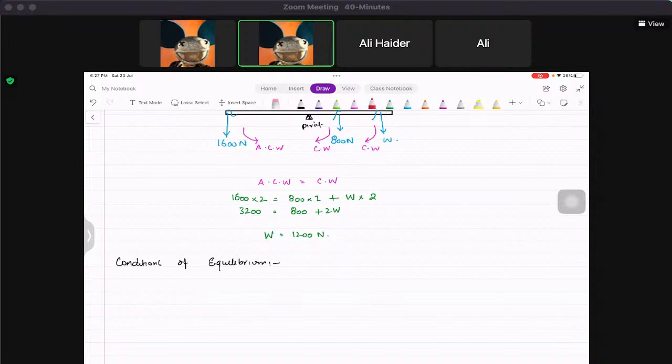So you need to remember that an object is said to be in equilibrium if, number one, the sum of all forces is equal to 0, which also means that there is no resultant force.